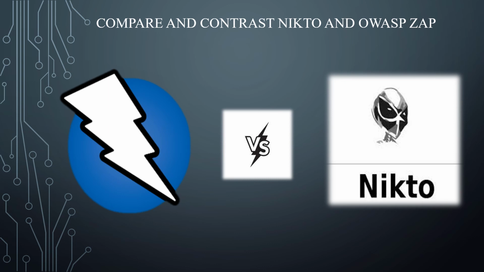Unlike Nikto, OWASP ZAP uses a graphical interface to step through the process of finding vulnerabilities. Each of these scanners can be used to find the most common web application vulnerabilities, such as SQL injection, cross-site scripting, and many others. OWASP stands for Open Web Application Security Project. ZAP is Zed Attack Proxy.